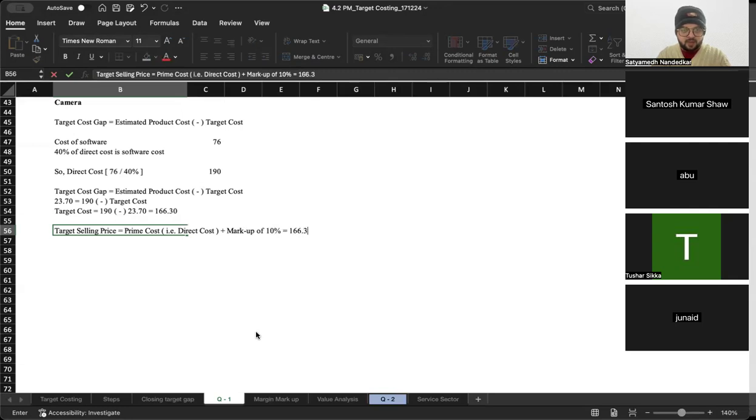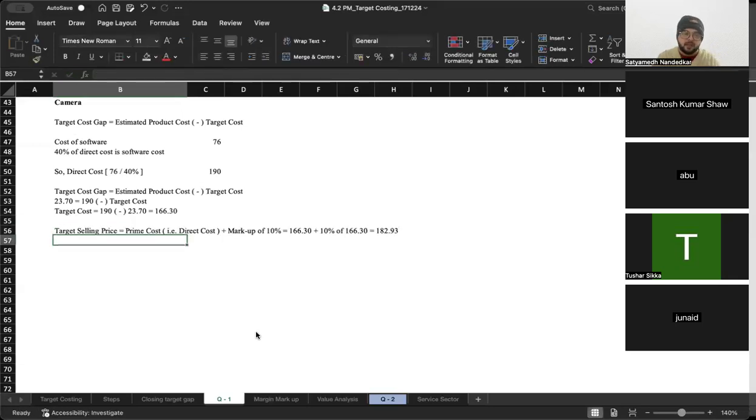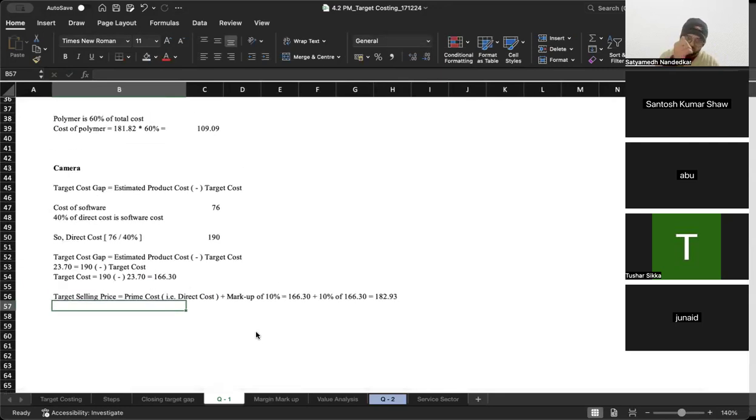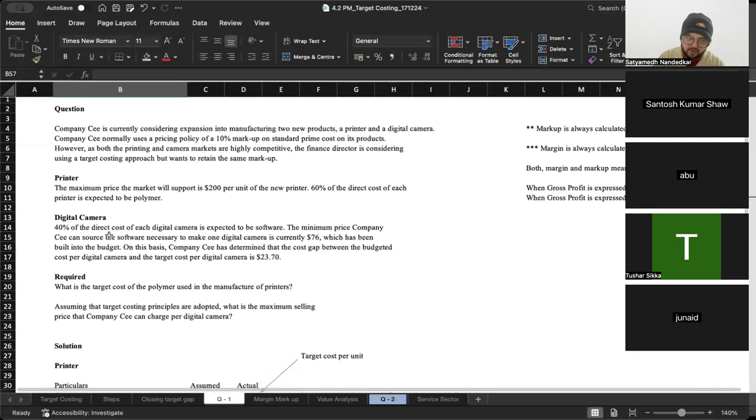So 166.30 plus 10% of 166.30. Tell me, how much will it be? It will be 182.93. This is how the target selling price is derived. Have a look, read the question first, I would say. Once read the discussion on digital camera and then I'll show you the working of digital camera again.